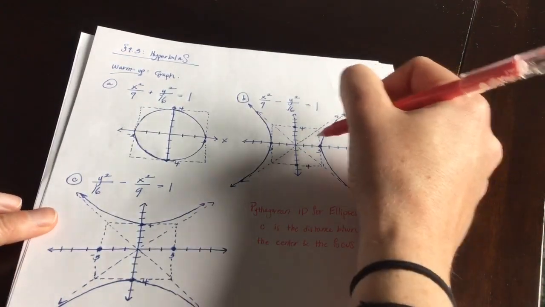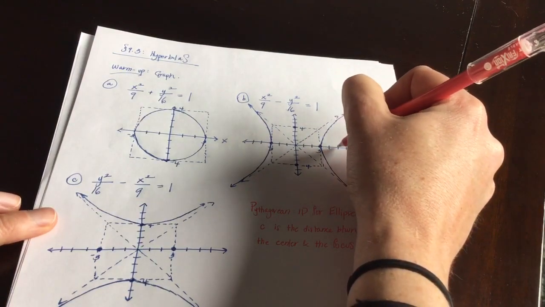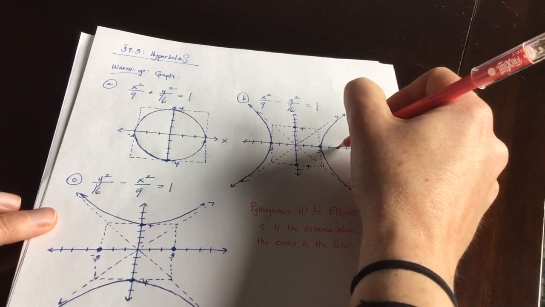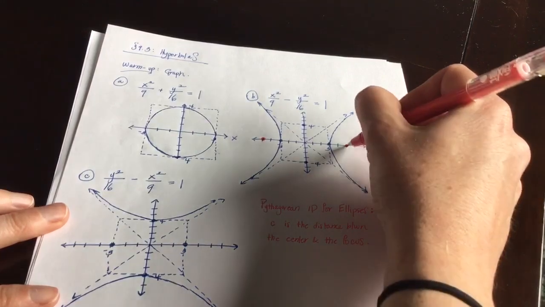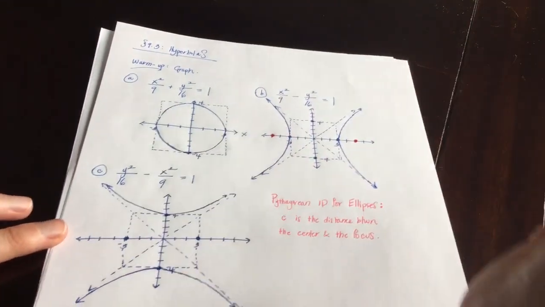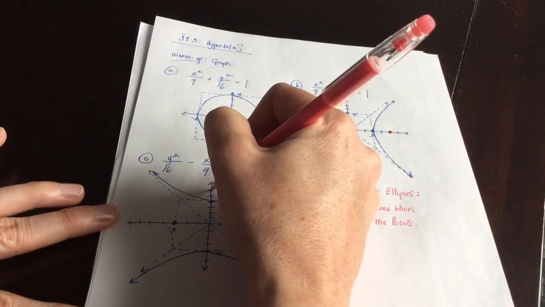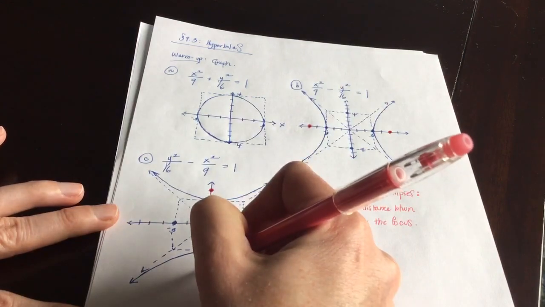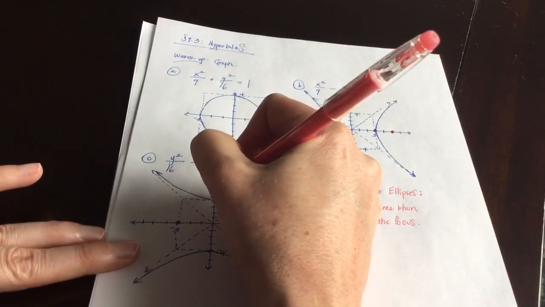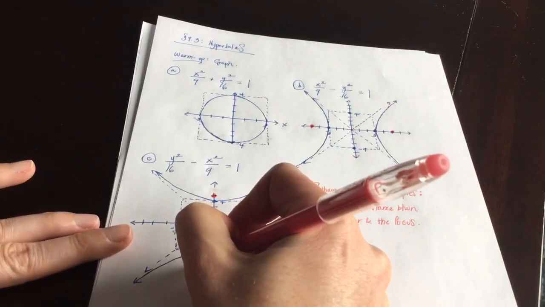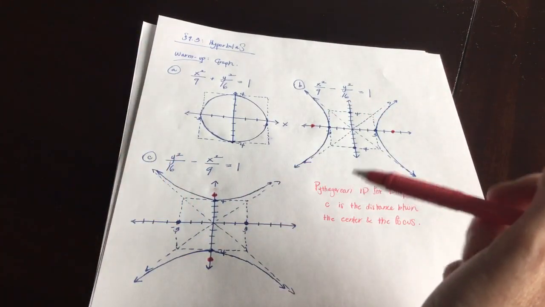Your foci will always be located where your hyperbola is opening toward. So in this case, I'll show you, but you're going to end up with foci for this one at 5, 0 and one at negative 5, 0. And then for this example, again, your foci will always be on the transverse axis, because your graph will always open toward the foci, okay?